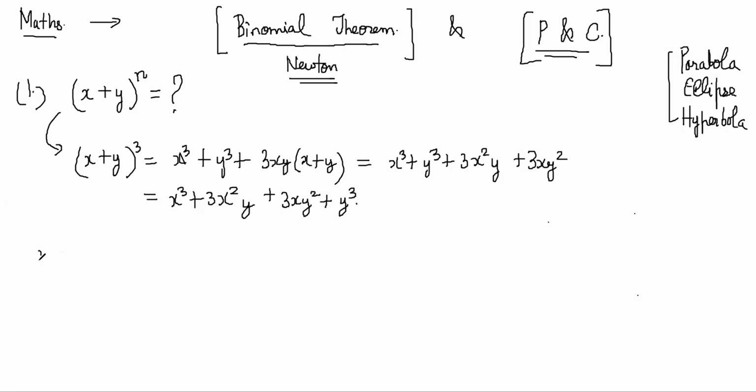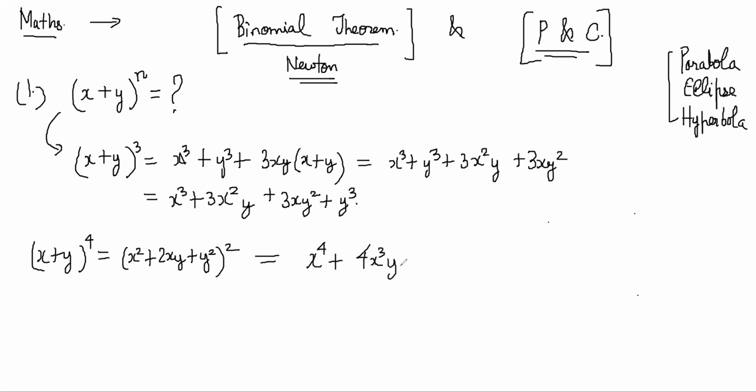Similarly, x plus y whole power 4, if you have to do, you can do it by calculation. You can just simply square this, but we have a formula to write the answer. So we get basically x to the power 4 plus 4x cube y plus 6x square y square plus 4xy cube plus y power 4.